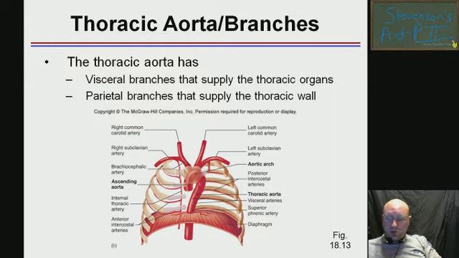What is the phrenic? When that word comes out, it's phrenic artery. Question number 2 for you: what organ does the superior phrenic artery supply blood to? Then you have the diaphragm.